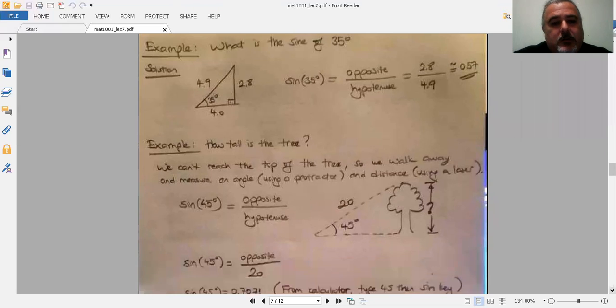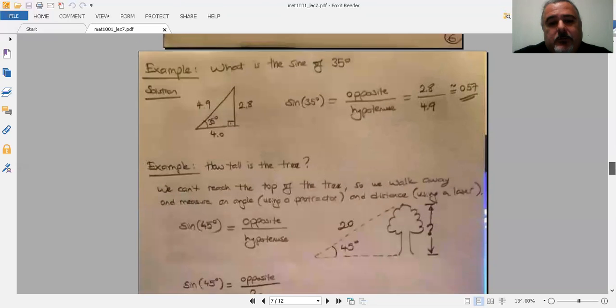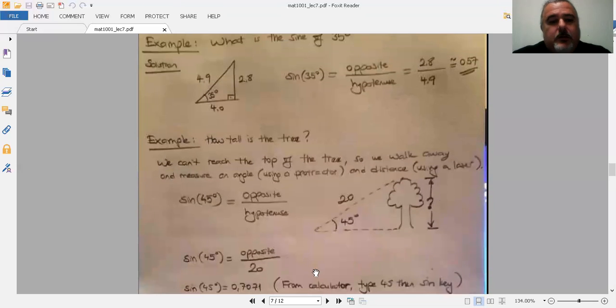Here, we can easily find sine 45 by checking a calculator. Also, there are some tables for that, but easily, if you have a scientific calculator, or on a computer, you can open your calculator and check if it is scientific or not.